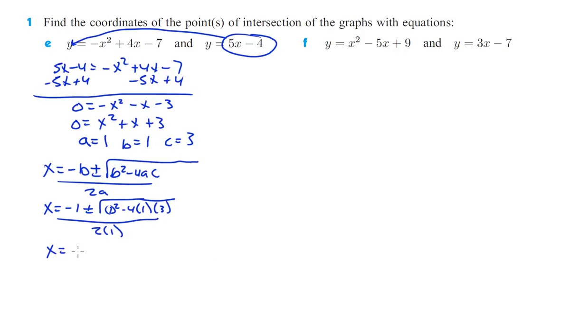So we get x equals negative 1 plus or minus the square root of 1 minus 12, all over 2. So we get x equals negative 1 plus or minus the square root of negative 11, over 2.